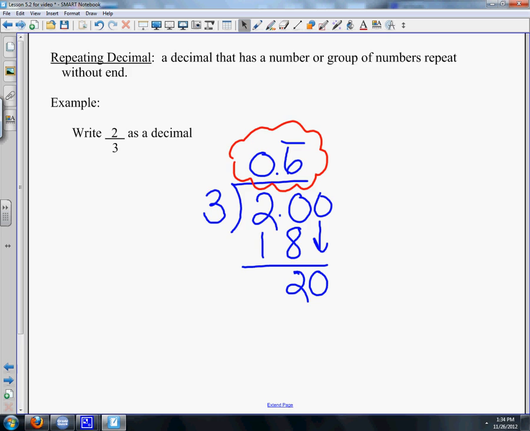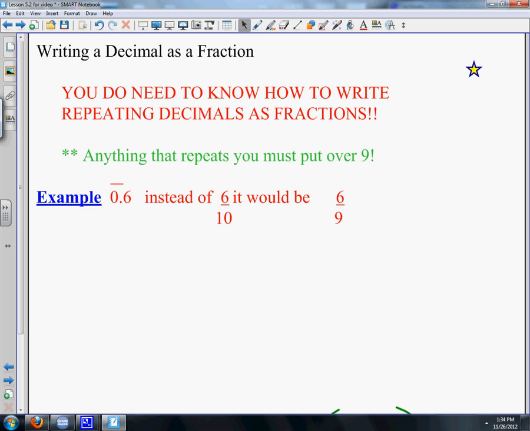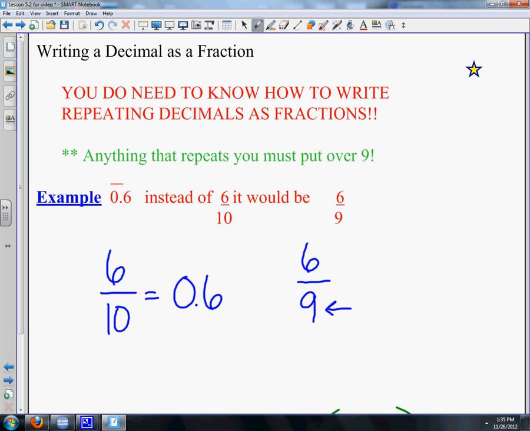Now, the repeating decimal, a lot of people don't know where that comes from. So if I have a fraction, you don't need to write all this down, just listen. If I have a fraction like 6/10, everybody knows that that's 0.6. It doesn't repeat. So how do you get a repeating decimal is the denominator becomes a 9. So like 6/9, this is where you get the repeating decimal.